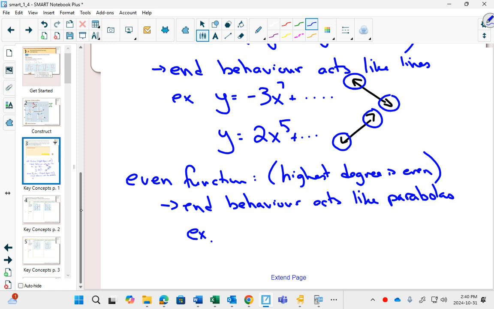So for example, if you had a 3x to the 4 graph, you think of a parabola with a positive leading coefficient would open up, and so your end behavior of a 3x to the 4 graph will be up in both directions.